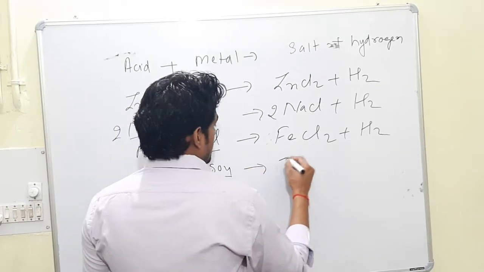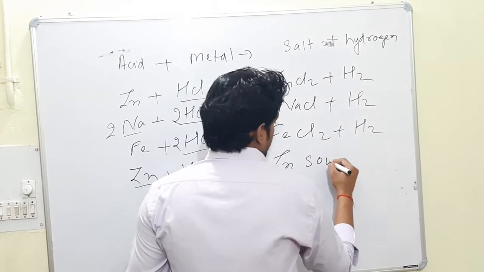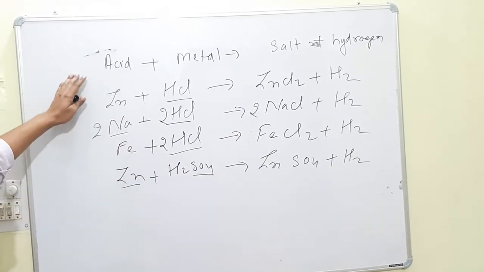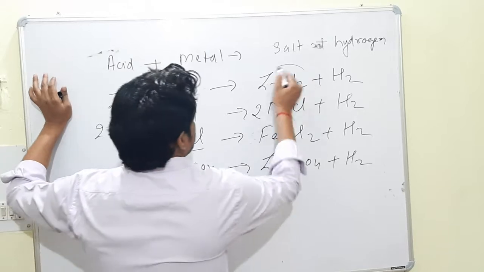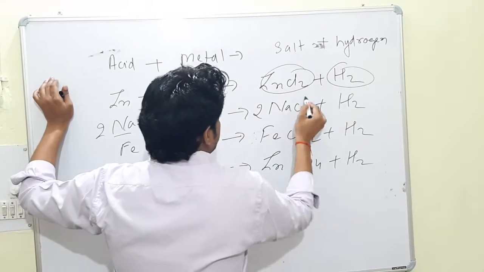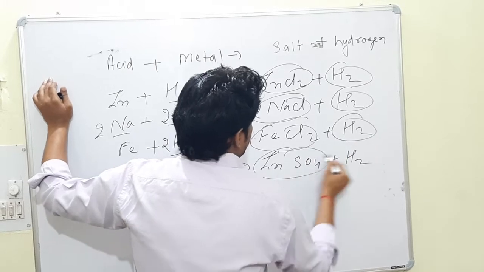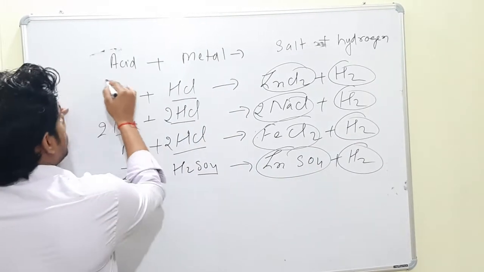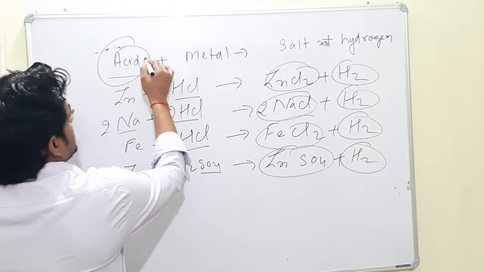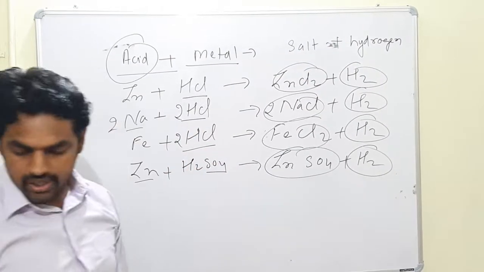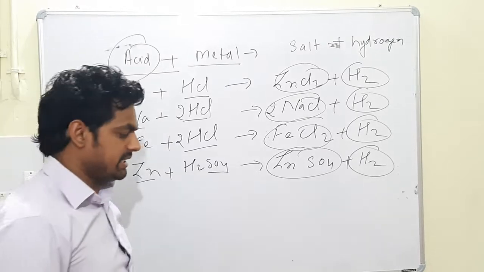ZnSO4 plus H2. In all these reactions, what is formed? It is forming salt and hydrogen. So the first one, whenever an acid reacts with a metal, it always forms salt and hydrogen. Okay. Now we will see the next one.